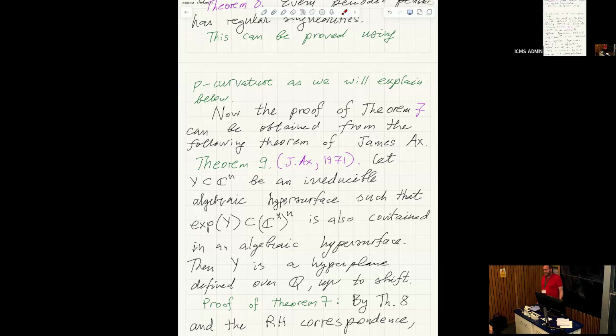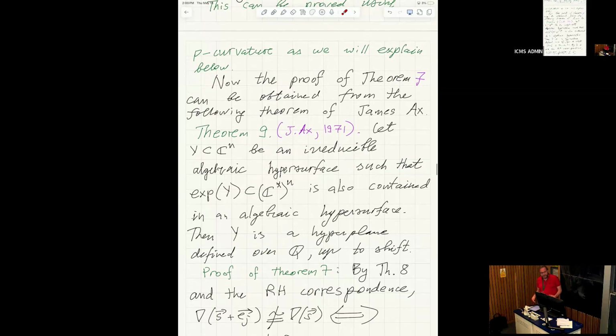It says that if you have an algebraic hypersurface in C^n, such that when you exponentiate it, you also hit an algebraic hypersurface, then this initial hypersurface has to be a hyperplane defined over Q up to shift. So it has a linear equation with rational coefficients. That's actually not so hard to prove. So I proved this in about a page, and then I discovered that this was a corollary of the theorem, so I didn't include my argument. But it is a nice middle difficulty exercise in complex analysis.